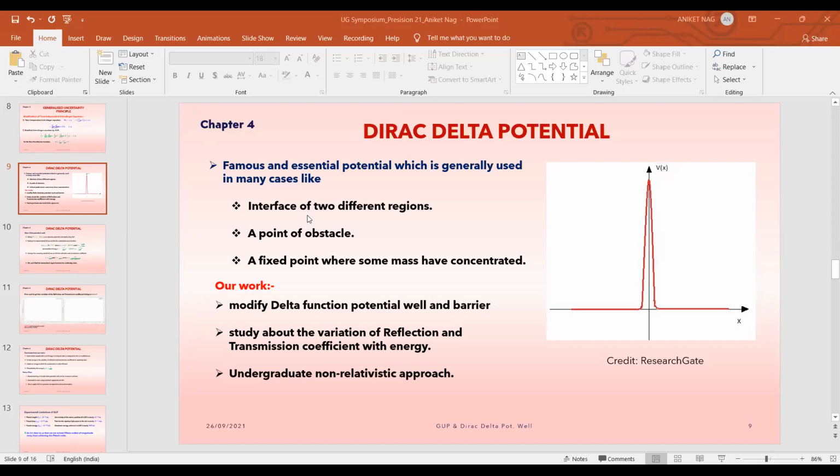Okay, the next question is from Shayan Chakraborty, and he asks, is this GUP only applied for high energy cases? Probably, yeah, that is the last question. That is a good question because till now we don't have any idea for the low energy, because I have already told that we are just considering the GUP application at the Planck scale, and every application of the GUP till now, the calculation and the application, is basically theoretical.